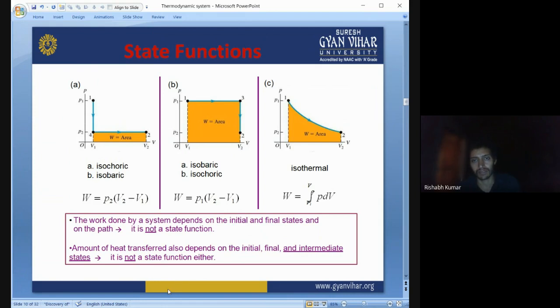The PV curve will be a curvilinear path, and the area under the curve will be calculated using integration, right? Integration of P into the change in volume, that is dV, from V initial to V final, V1 to V2. Okay, so this is just the recap that we have done so far.